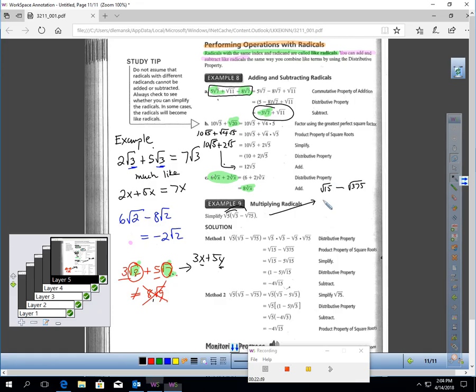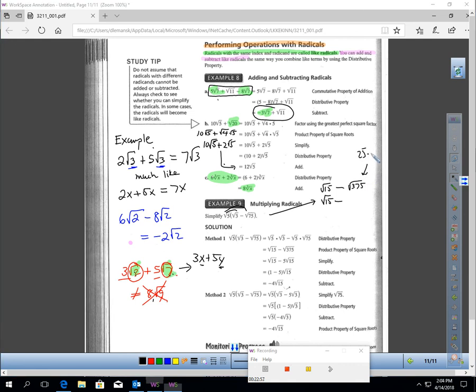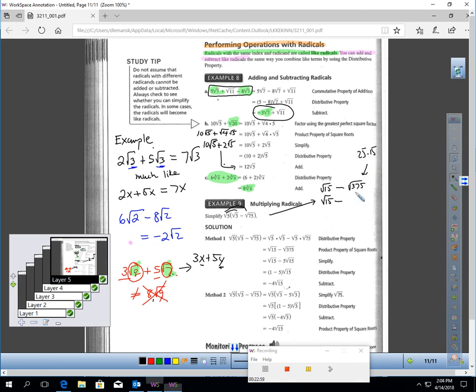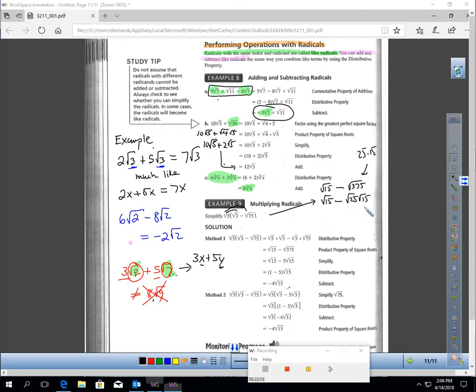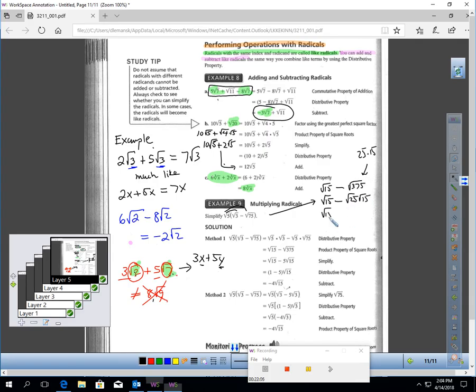Now, 15 does not have any perfect squares. 375 does. Think about it. 25 times 15 is 375. So I could break that up into radical 25, radical 15. This would be square root of 15 minus 5 radical 15. So this is 1 radical 15 minus 5 radical 15. That would be negative 4 radical 15 to produce that solution.